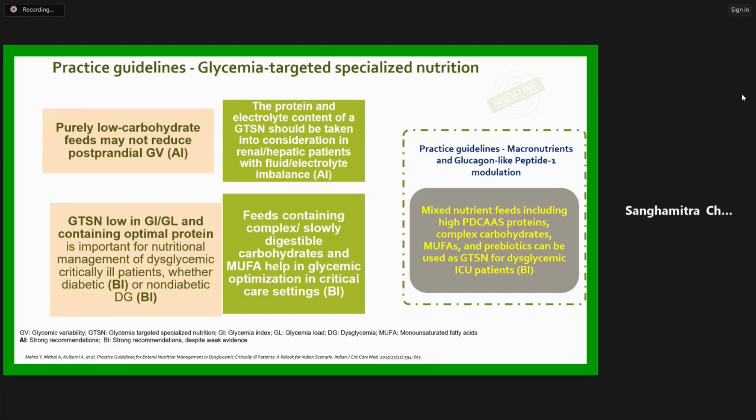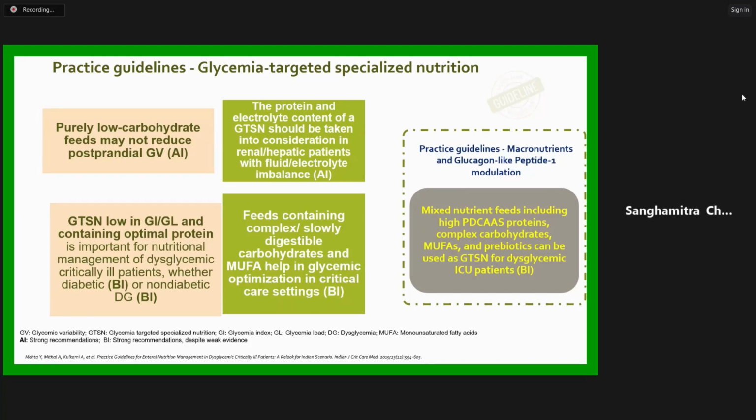So GTSN low in GL and GI, and containing optimum and good quality protein, is actually good for the management of a diabetic patient. Even if the patient is not diabetic but has some impaired glucose tolerance, or the sugars have suddenly gone up due to steroids or underlying inflammation, we can use this formula for non-diabetic patients also.